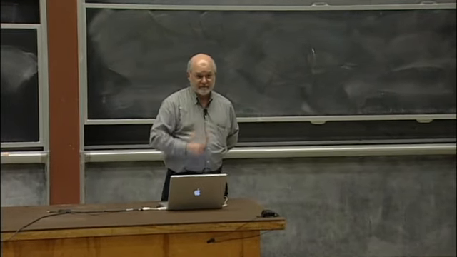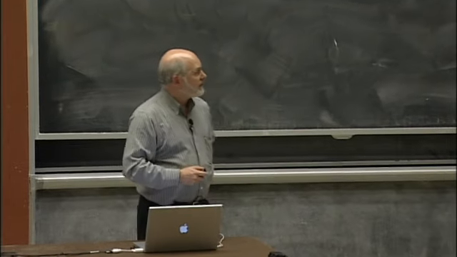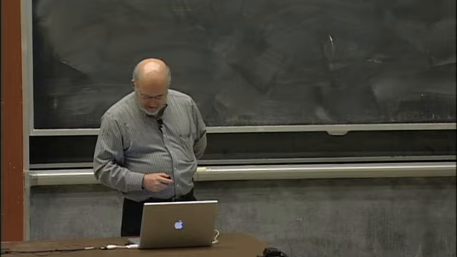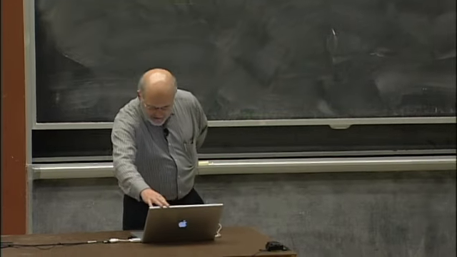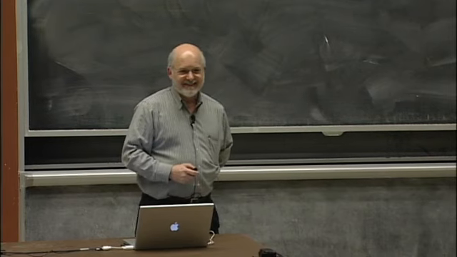Yes, question? If you were to draw a tree like the previous slide, how would it look? So in fact I had wanted to do that and it got out of control.